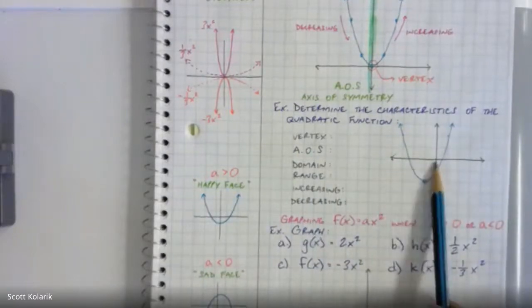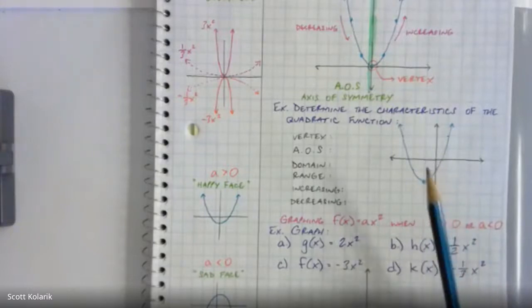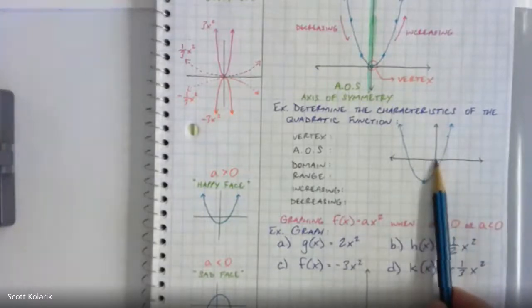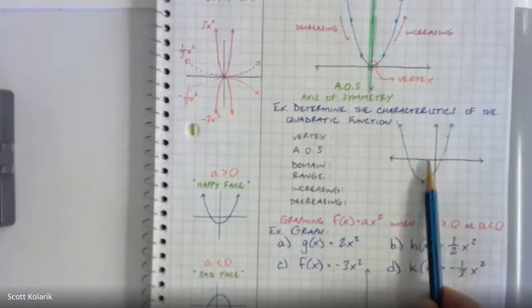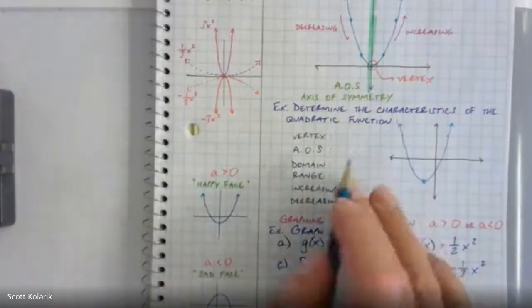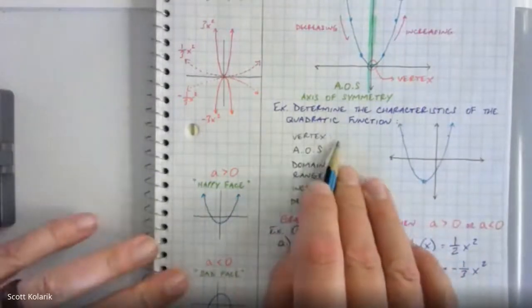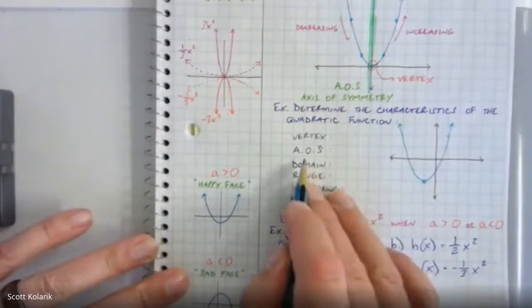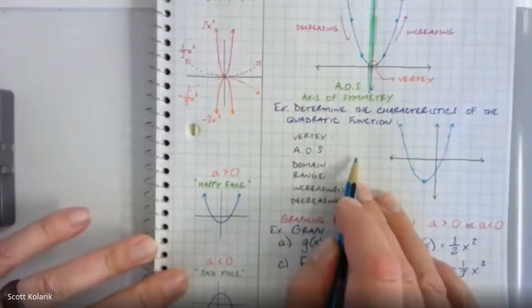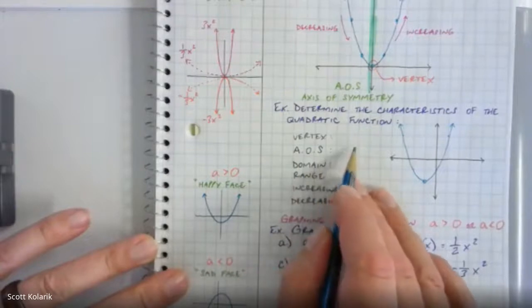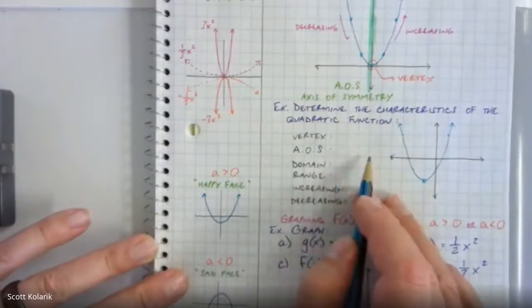So in this case, the axis of symmetry, or that vertical line that chops it in half, is the vertical line that goes left 1. Again, if you're doing this in your scratch work, the vertex is going to be a coordinate point. The axis of symmetry is going to be an equation of a line. For axis of symmetry, it's going to be x equals something.